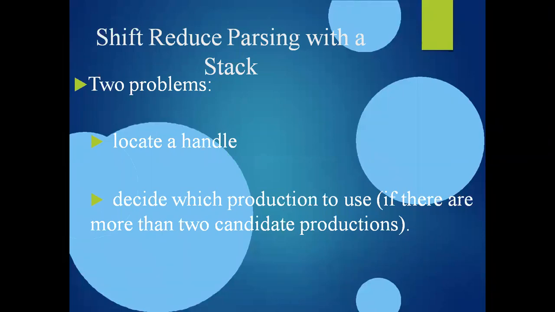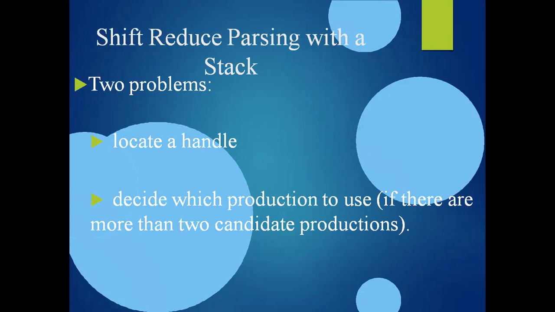And how do we use the stack in shift-reduce parsing? This stack is useful for storing and accessing both the LHS and RHS of the rules. A production is in the format A tends to beta, right? It consists of both the LHS and the RHS of the production rule from the given grammar.